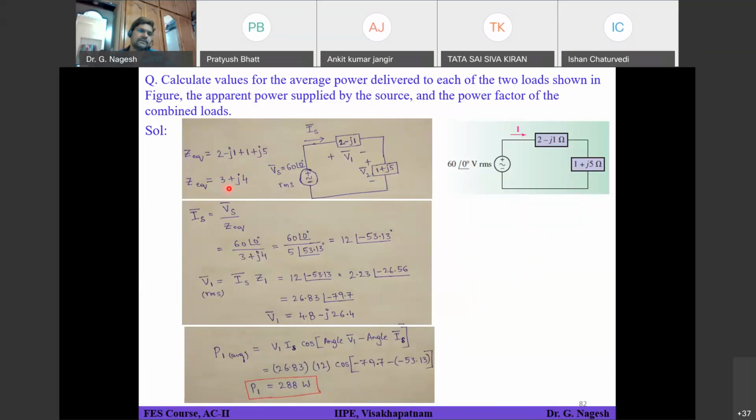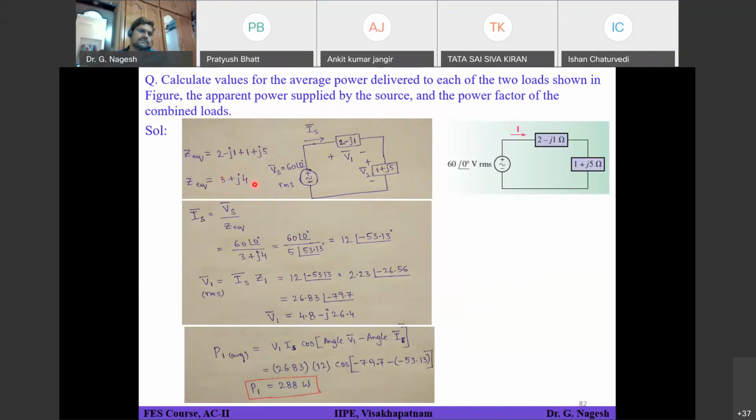From seeing this also, you should be able to say this is plus J4, so obviously your power factor will be lagging. Plus J4 always indicates an inductive nature load. If I have something like minus J, then it is a capacitive nature load. So from this itself you can calculate the power factor.